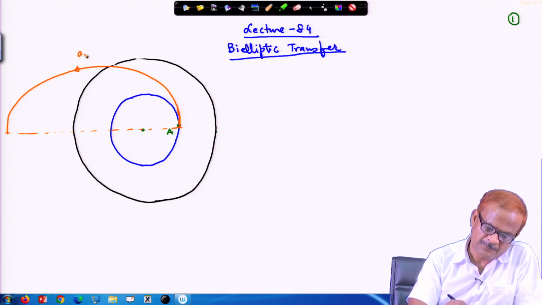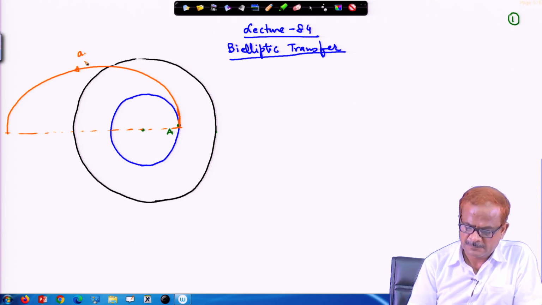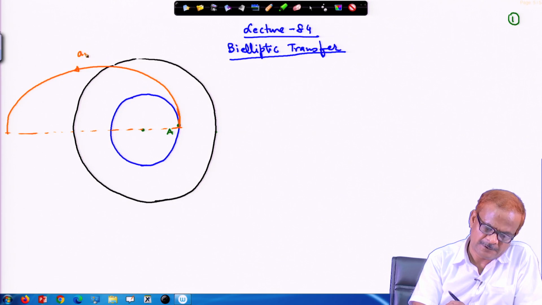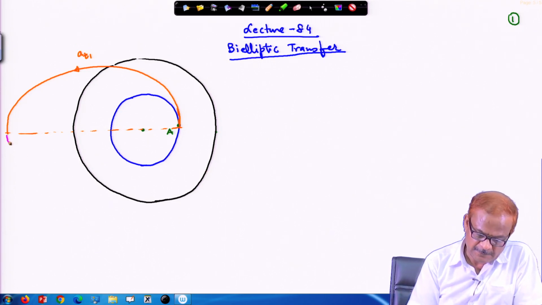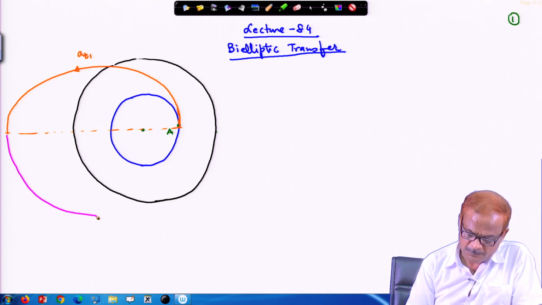We write the semi-major axis of this as A, let us write this as A T 1, the transfer orbit. Then to get into this orbit, we apply another impulse.